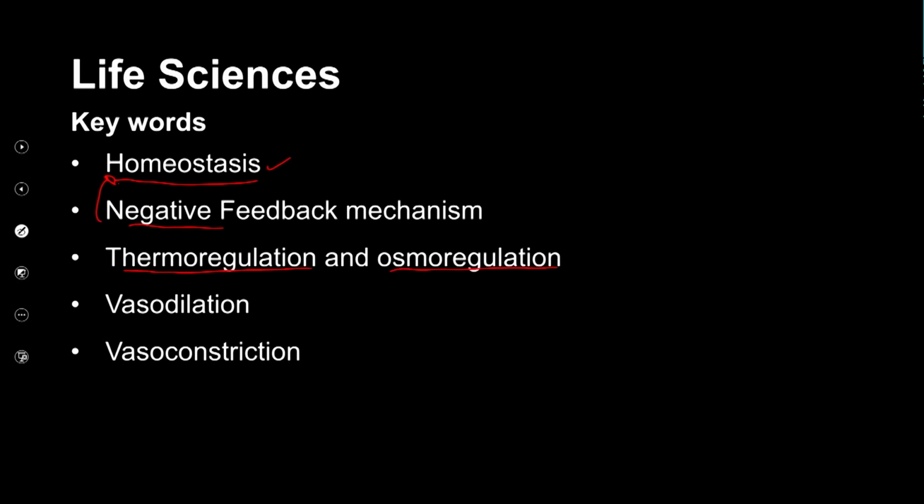Osmoregulation, we're talking about the body regulating the water level. And then we are going to look at vasodilation and vasoconstriction. Here, you should know the difference between what is to constrict and what is to dilate. For you to understand these words correctly, always, if possible, break them into two, and then you'll get the understanding. But here, the content and the understanding and the functioning, you'll see when we continue.